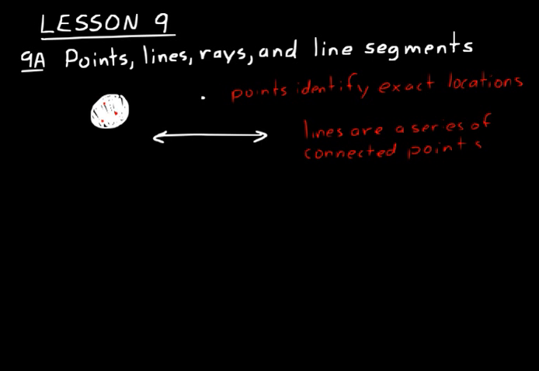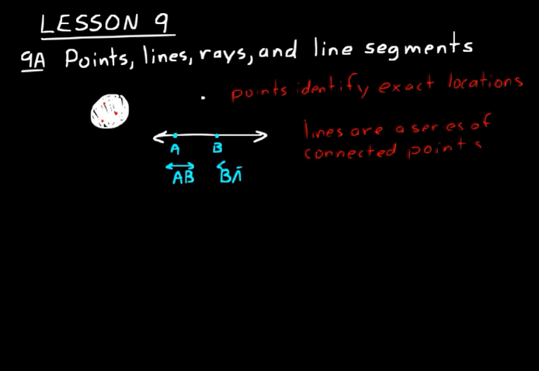Now to identify the location of a line, all we need are 2 points. We'll just call these A and B. We could say that is line AB. And we can write AB with an arrow, or with a line symbol over the top of it, or we could write BA as well.